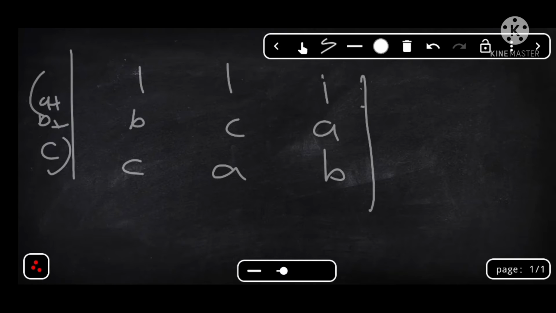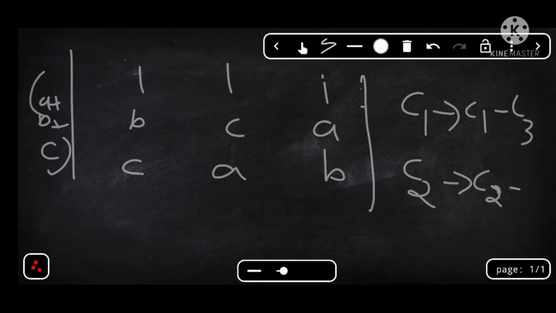All these are 1. Now we can do C1 as C1 minus C3, C2 as C2 minus C3, right? So if we do like that, what will happen? These two are going to be 0.